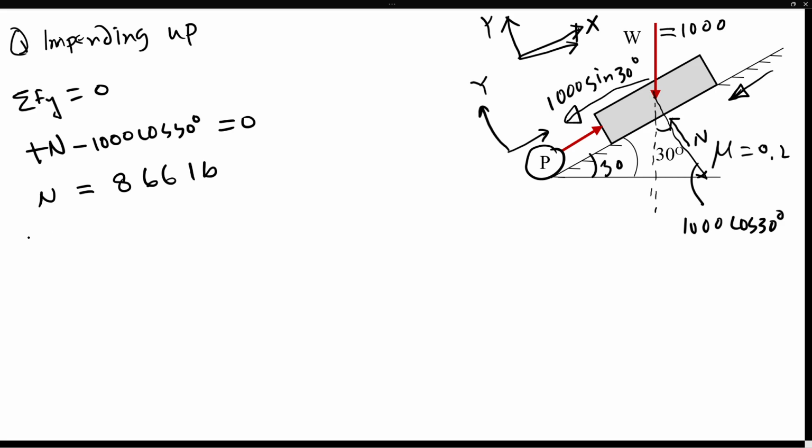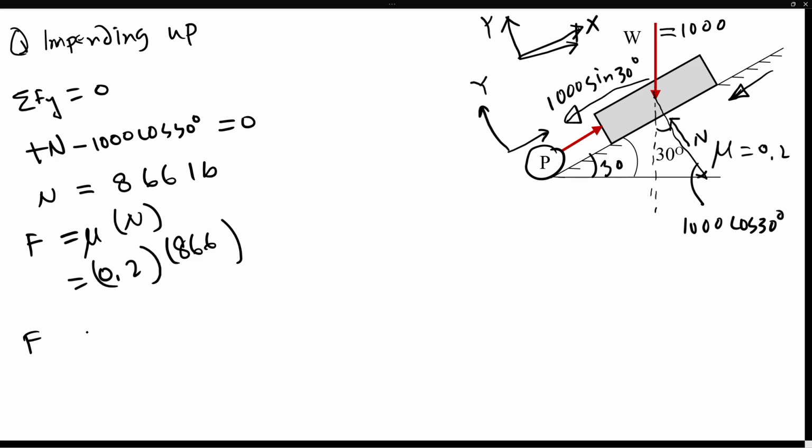Then we can calculate the friction force, which is the friction coefficient times the normal force. Assuming the friction coefficient is 0.2 times that normal force, 866, the friction force can be calculated as 173 pounds.